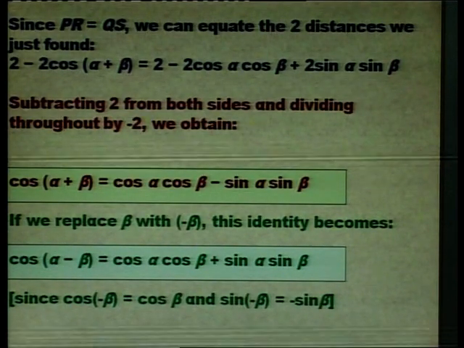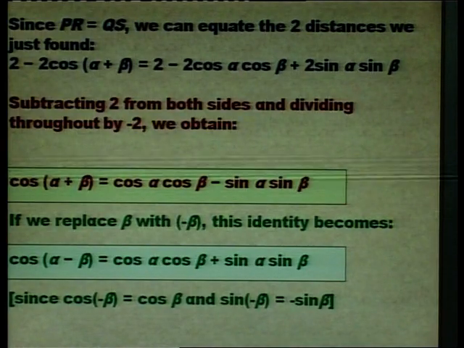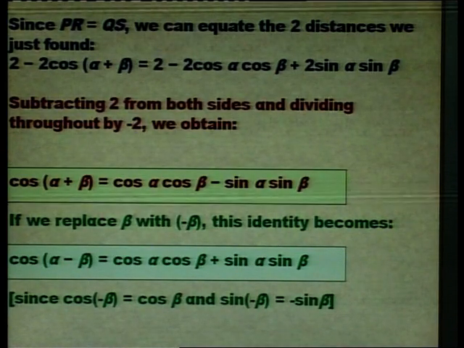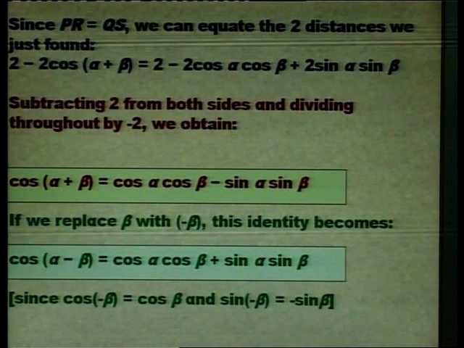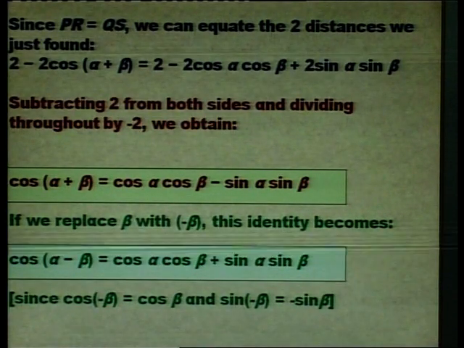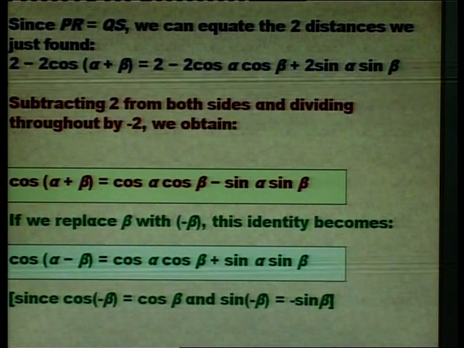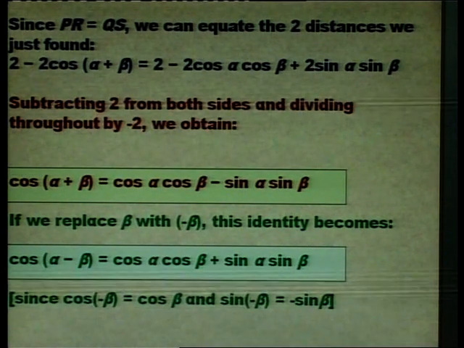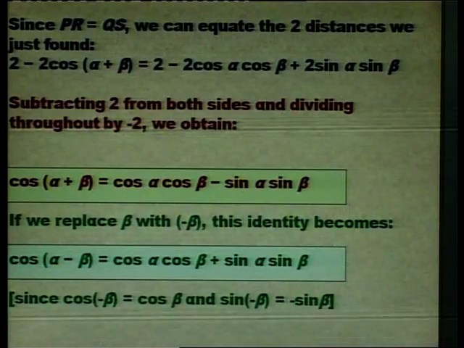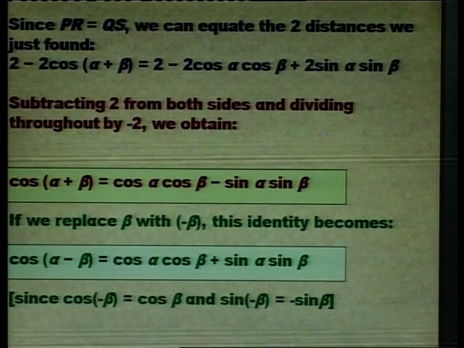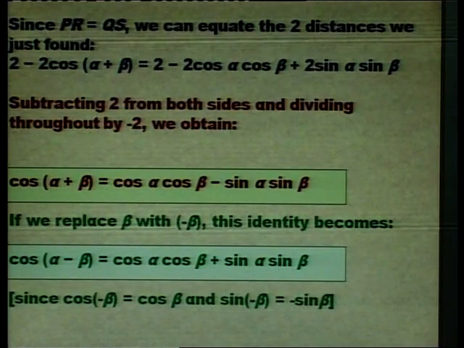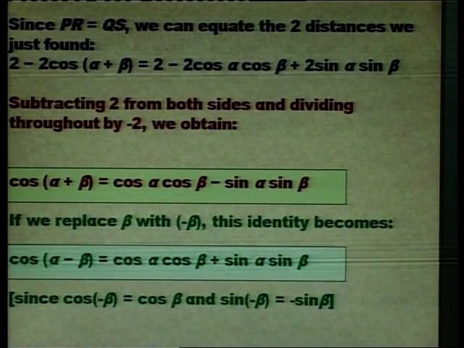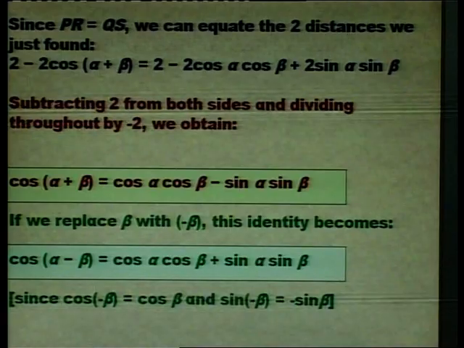This is the formula for which I have given you a simple, purely geometrical proof, and with the help of this formula only, that is cos of alpha plus beta is cos alpha cos beta minus sin alpha sin beta, I will derive a number of formulas using very trivial remarks regarding trigonometric functions.